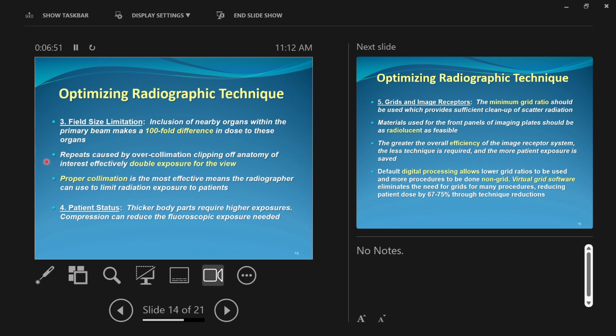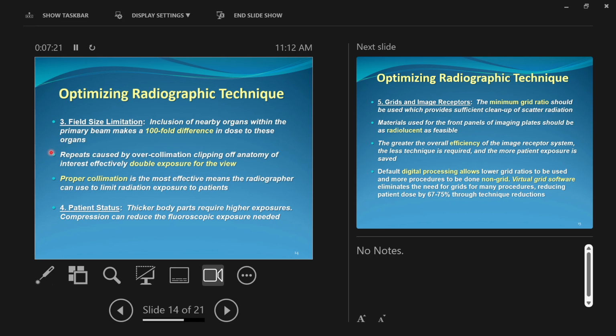Now, there is such a thing as over-collimating too tightly to the body part and missing anatomy. This is a good example actually. This humerus X-ray here, they've missed the bottom of the humerus, okay? You can see the size of the film here, but you can also see that there's this black rectangle. Inside of that was the radiation field, and outside of that was outside the radiation field.